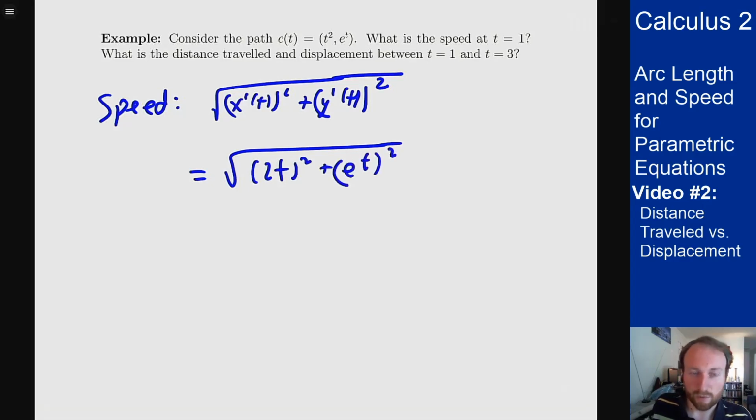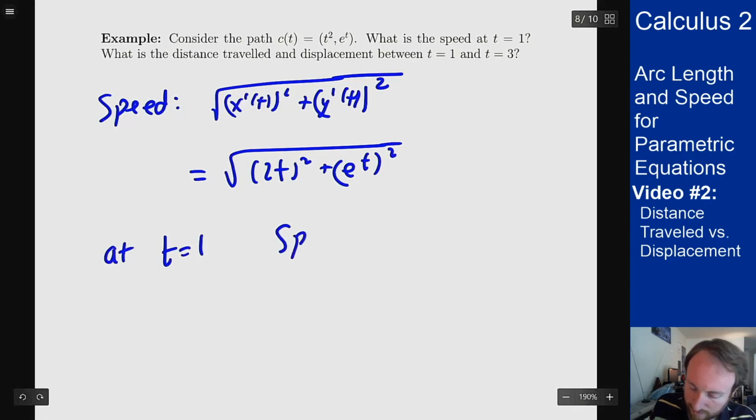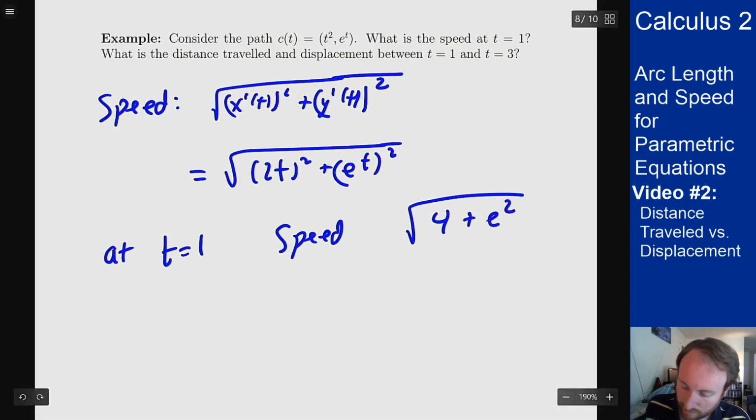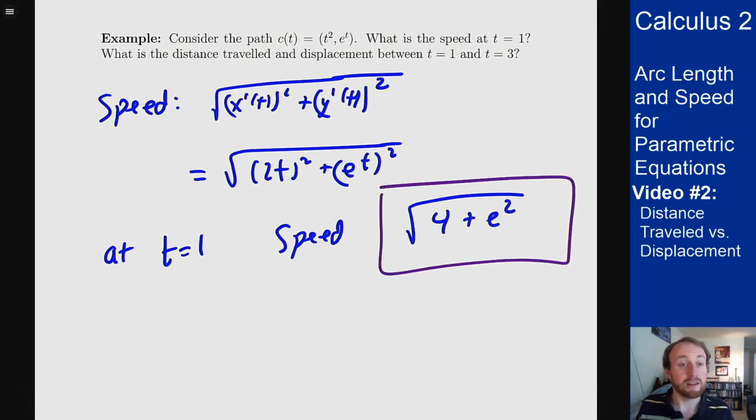At t equals 1, the speed is the square root of 2 squared plus e squared. That's my speed at t equals 1.